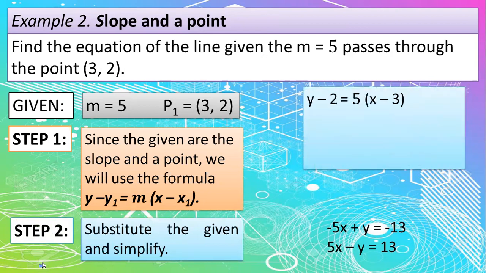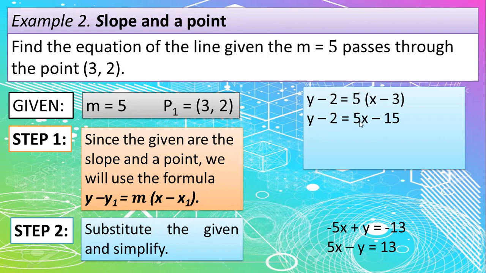So ang y sub 1 mo is 2 and yung x sub 1 mo is 3. Ang slope mo is 5. Kaya po meron tayo na buo na y minus 2 is equal to 5 multiplied by quantity x minus 3. Then we simply need to distribute 5 kay x and negative 3.